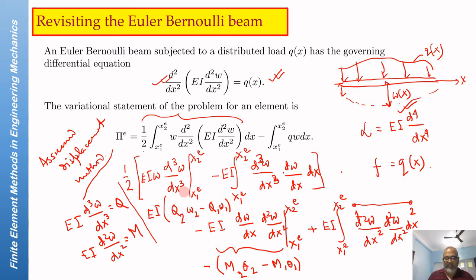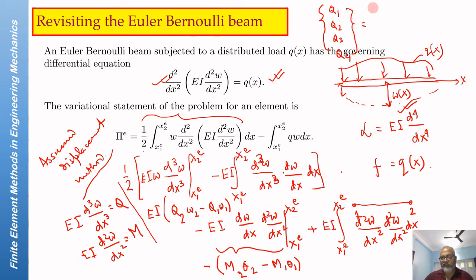Now we are going to use a generalized force, and we are going to call the forces and the moments at the nodes both Q. So Q1 is a shear force, Q2 is a bending moment, which is M1, Q3 is a shear force, Q4 is a bending moment.